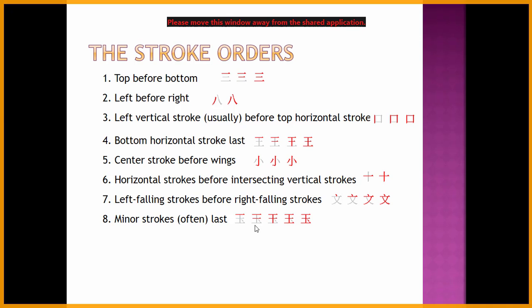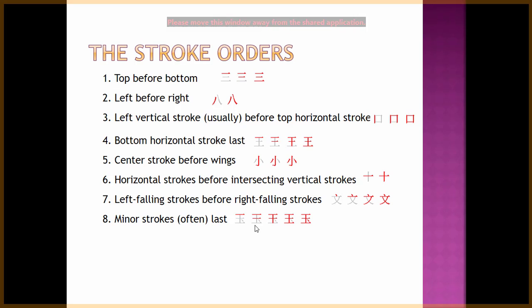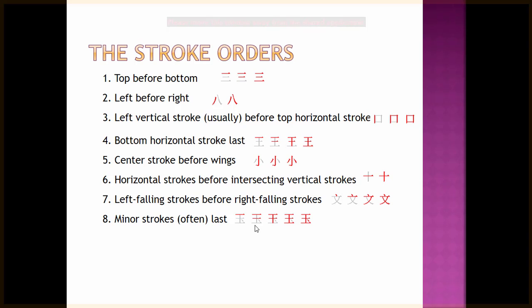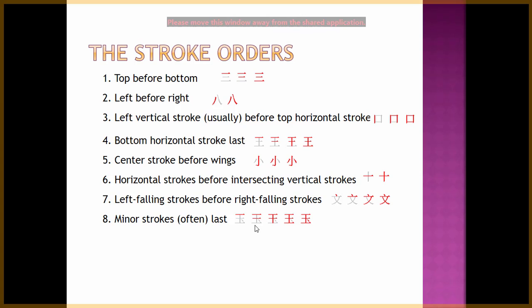If you are writing a character of 3 strokes, you have to start from the top. In the second point, it's left before right. You have to make the stroke on the left, the left vertical stroke before the top horizontal stroke.